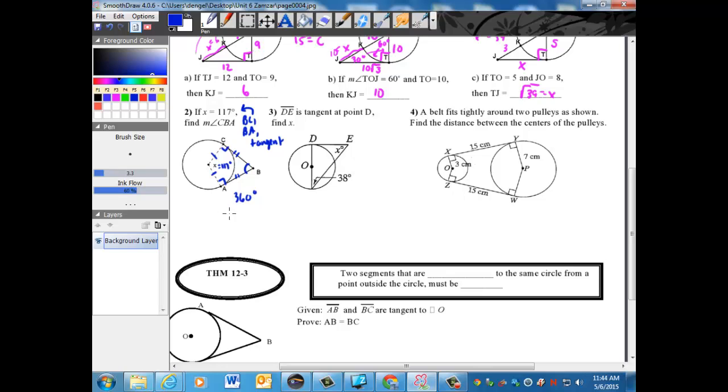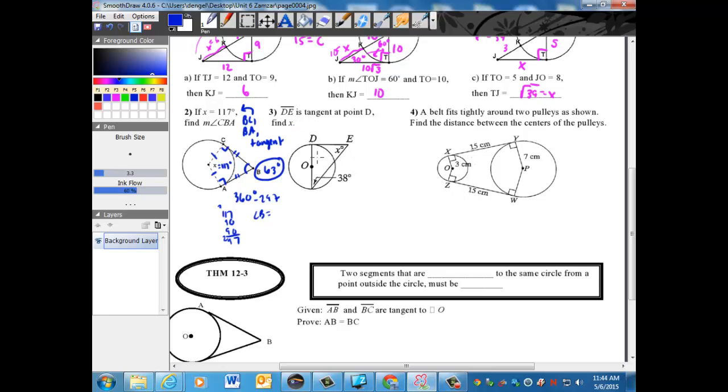We're going to add up 117, 90, and 90. And when we do that, we get 297. So that means angle B has to be a 63 degree angle.